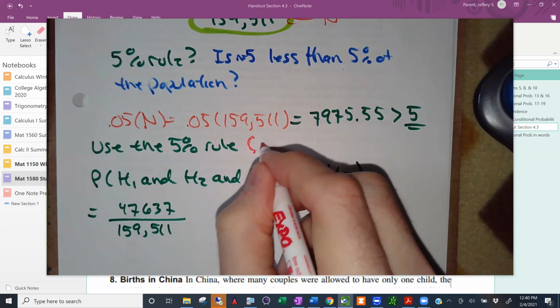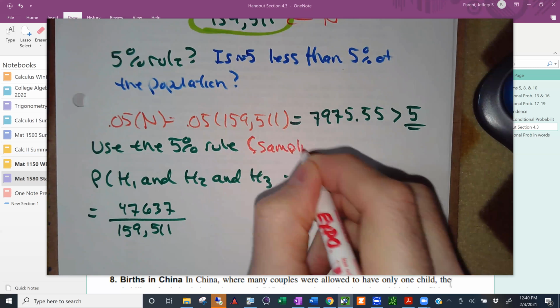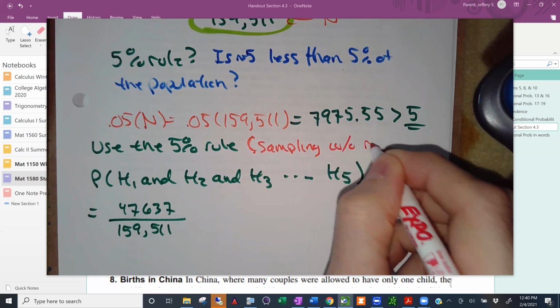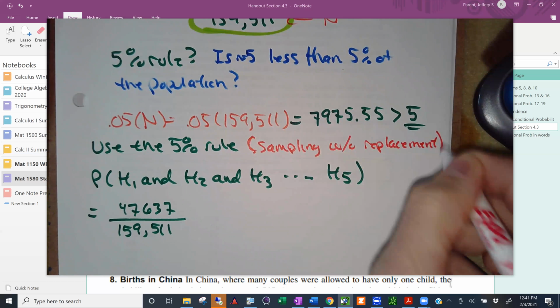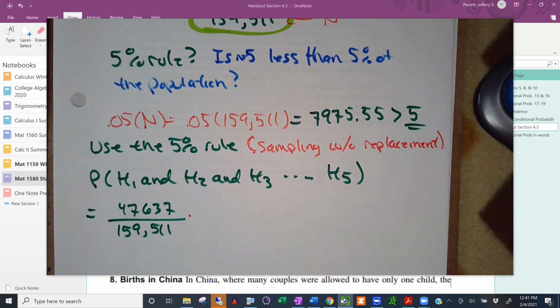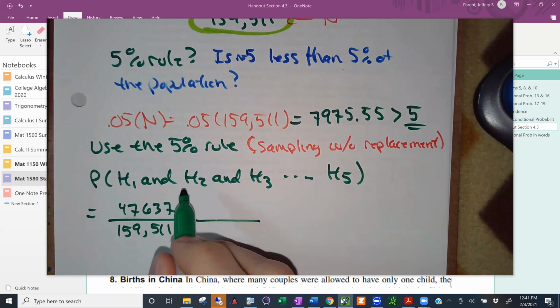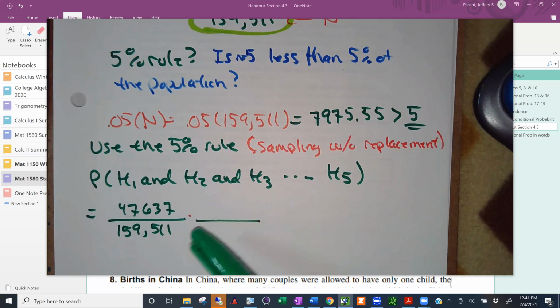Technically, in calculating the next probability, the probability that the next person pulled out of this study flew by helicopter should be 47,636 over 159,510. That's what it should be.